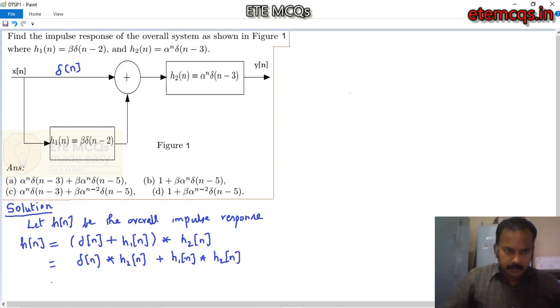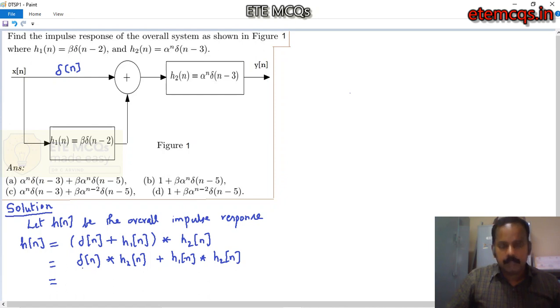And we already know that, based on the property of the unit impulse function, any signal when convolved with the unit impulse function will just lead to the same signal, based on the identity x of n convolved with del of n is equal to x of n.